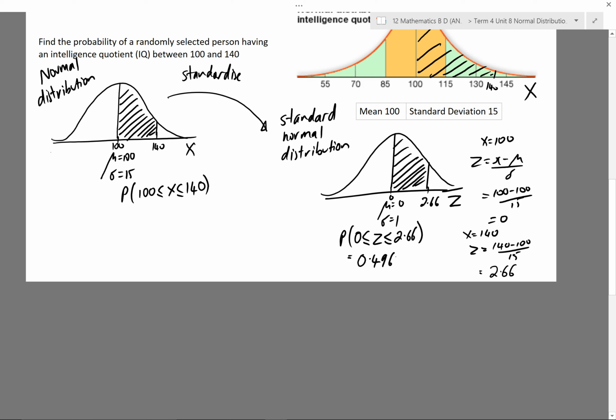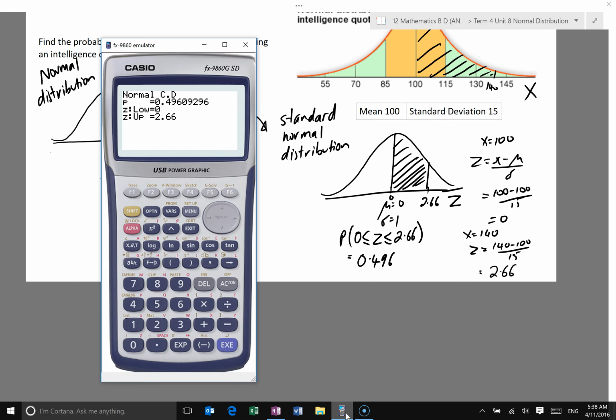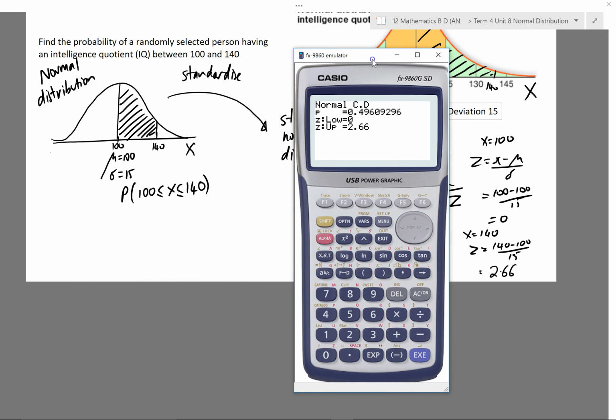Okay, which I can get off my table if I'm really keen. So that's how we'll calculate probabilities with the standard normal distribution. But it's important that you understand standard normal distributions for some of the problem solving that we'll be doing in the future. However, your graphics calculators are that good that we can just use the normal distribution.